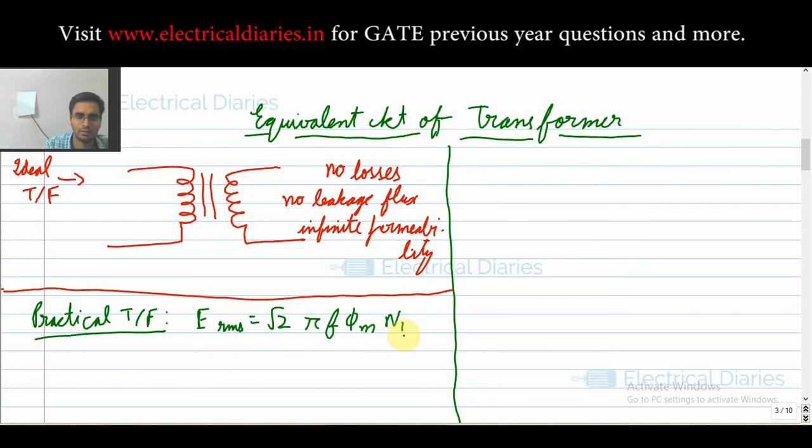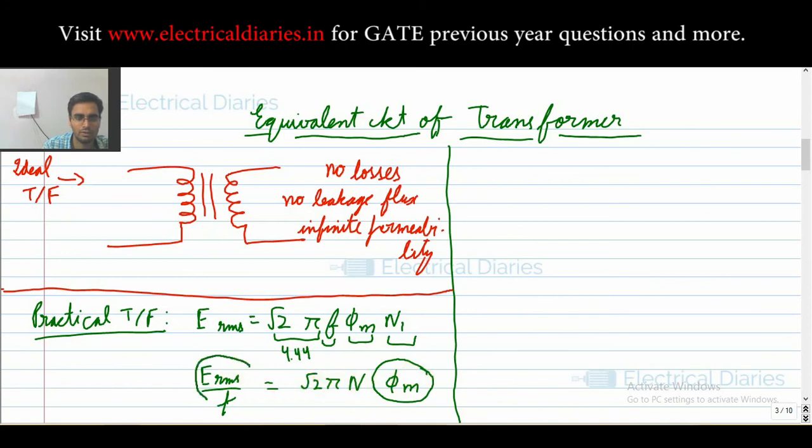N is a constant, phi m is the maximum flux, f is the frequency, and root 2 pi is also a constant, its value is 4.44. If you look carefully, E RMS by f is equal to root 2 pi n phi m.